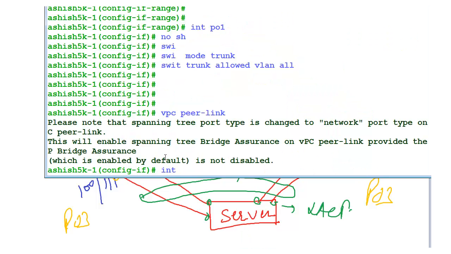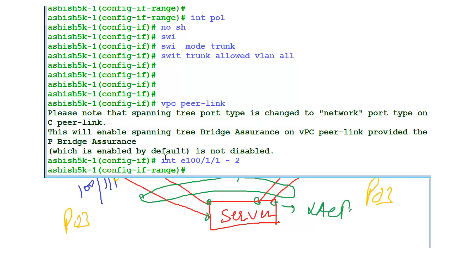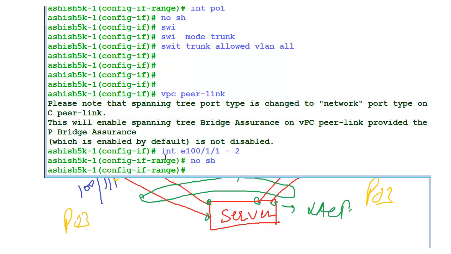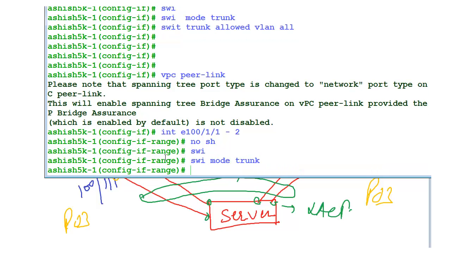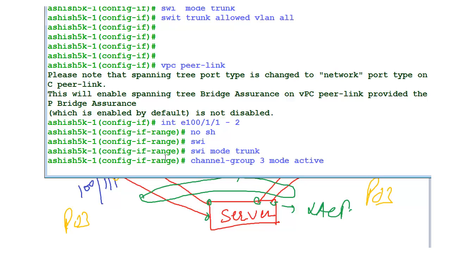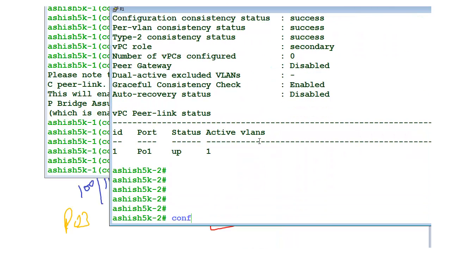Interface ethernet 100/1/1 and 2. Okay, no shut. What is the next step? Let's make it switch port mode trunk, channel group 3. Here we can use LACP mode active. Okay, and let me configure it on this side as well, then we'll go there.